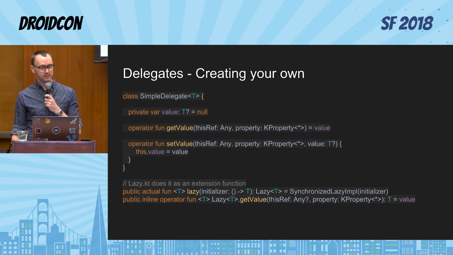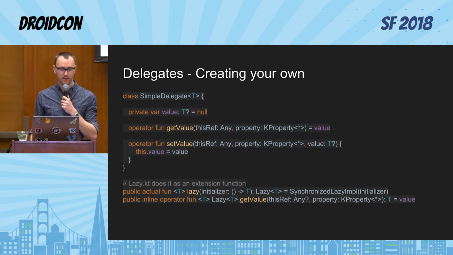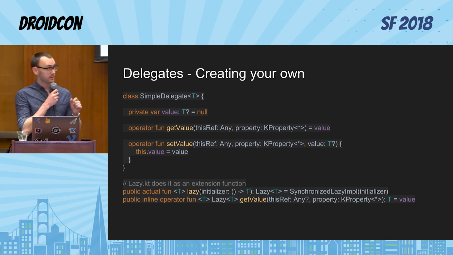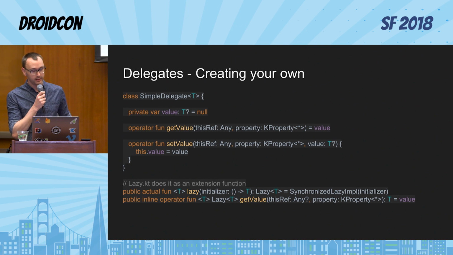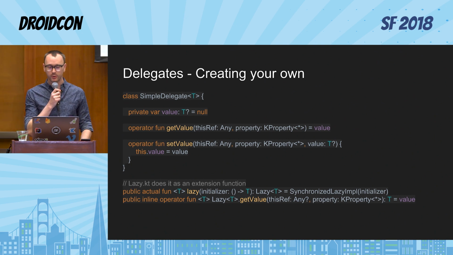Like I said, that interface is actually optional. So this code is the exact same: same method signatures with the operator keyword on them, and this works the exact same way. I guess it's sort of interesting that the lazy delegate that we saw is actually implemented using something like this.